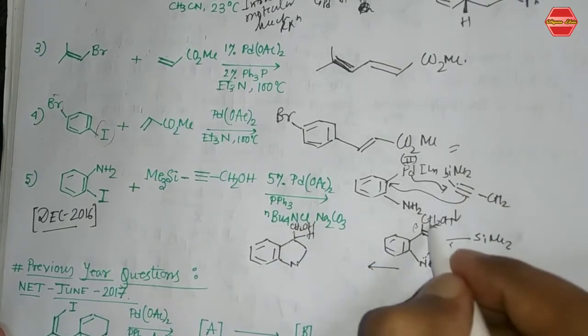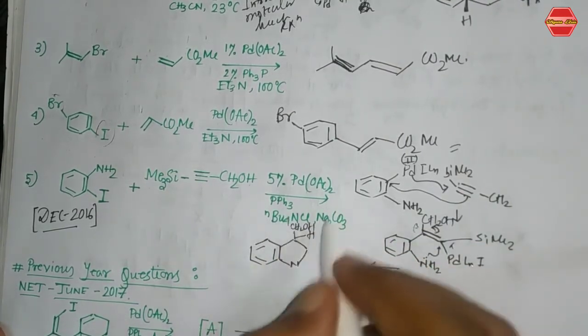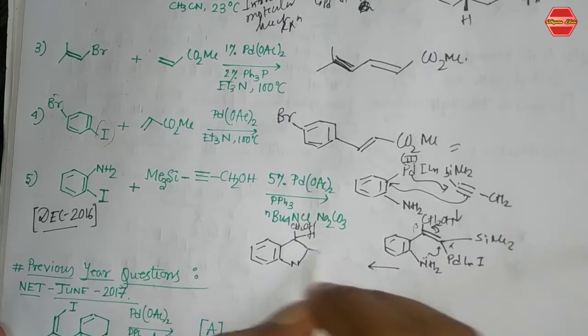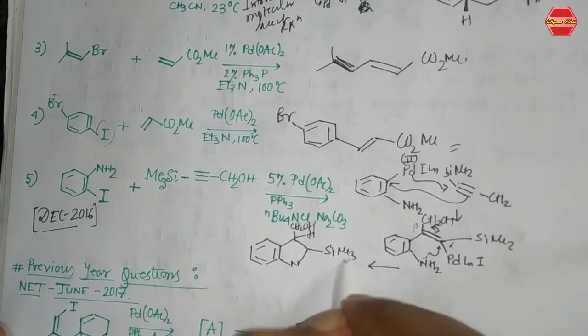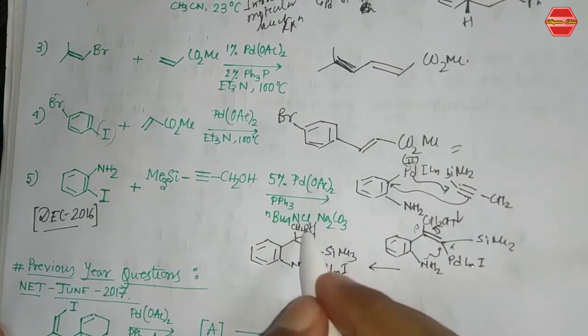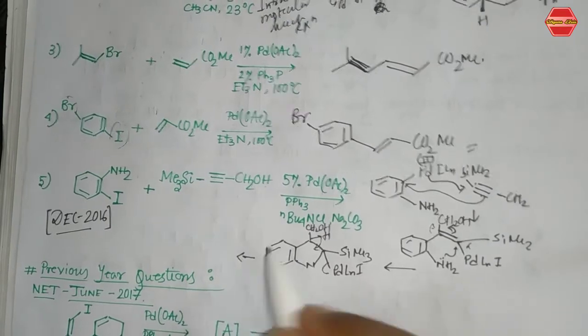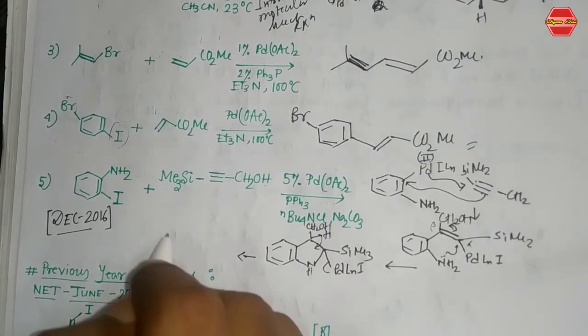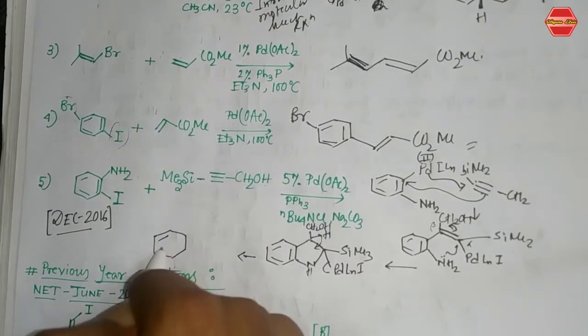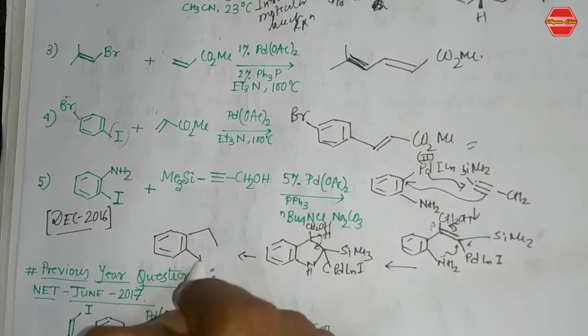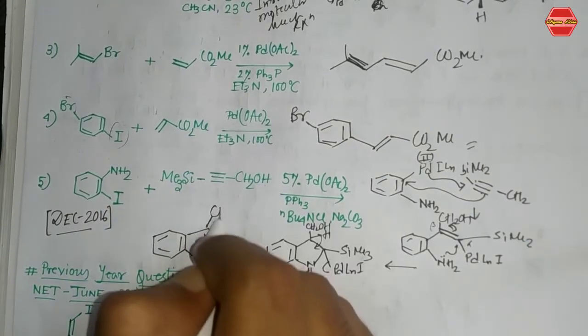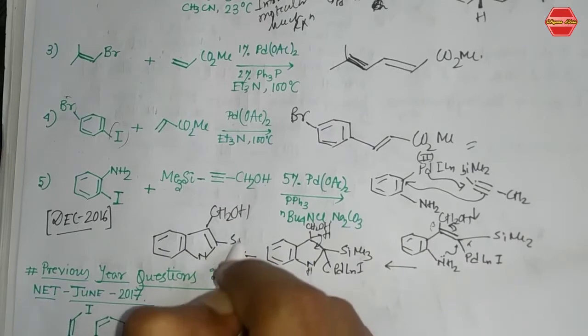Here this negative charge directly takes a proton from this one, so that you can get SiMe3 and the Pd-Ln-I complex. Now you have the beta hydrogen over here. Now the beta hydrogen can leave from the system in this way, and the final product that you get is this one. This is your CH2OH, SiMe3.